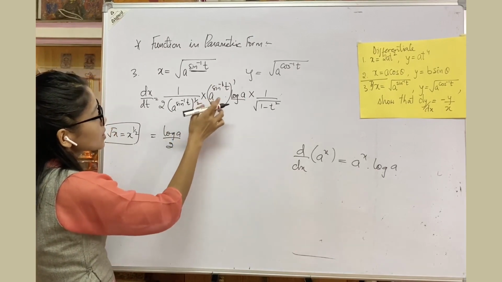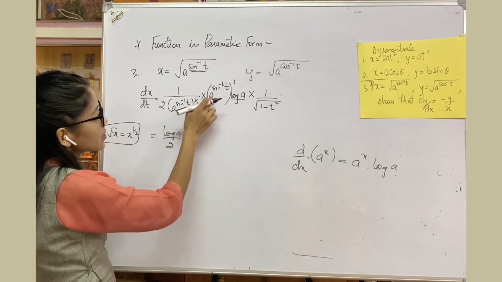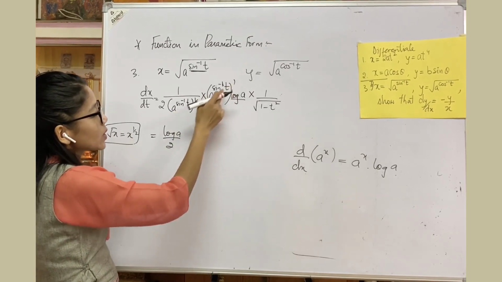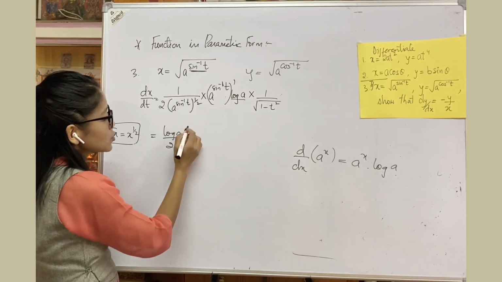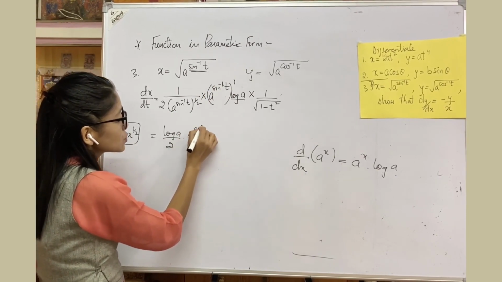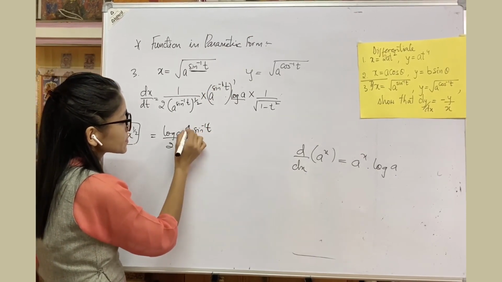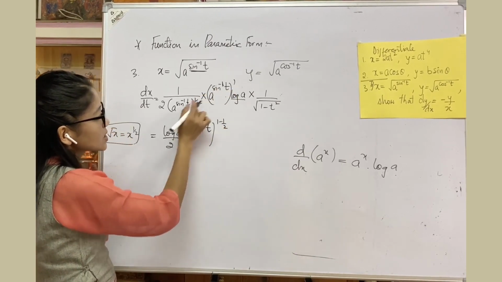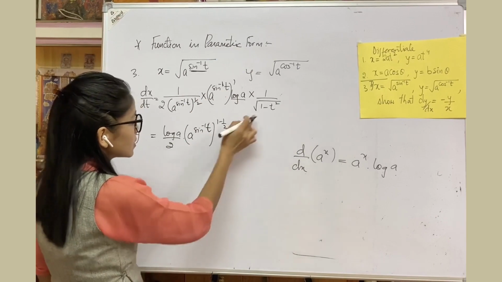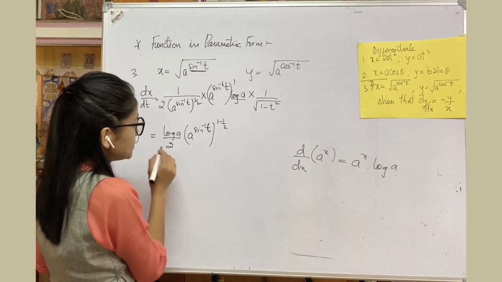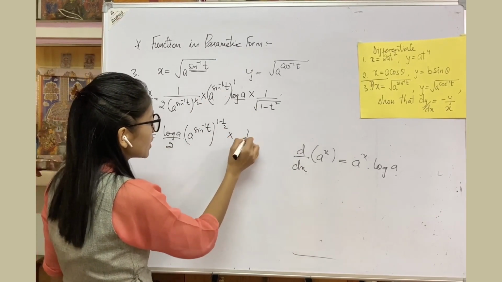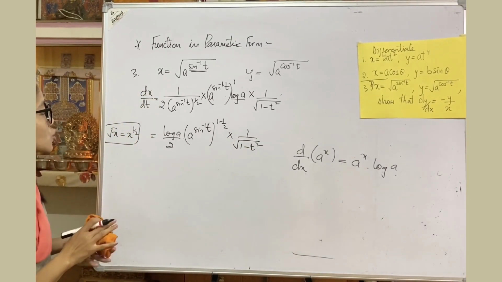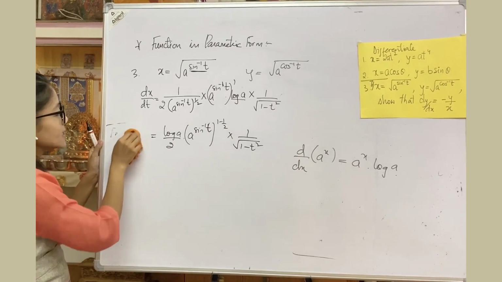Okay, so using the law of exponent, base is same, a raised to sine inverse of t, power here is 1, here is half, so you can subtract. So this is into a raised to sine inverse of t raised to 1 minus half. Okay, using the law of exponent. Okay, so this is into 1 upon square root of 1 minus t square. Up to this, is it clear? So this is your dx by dt.